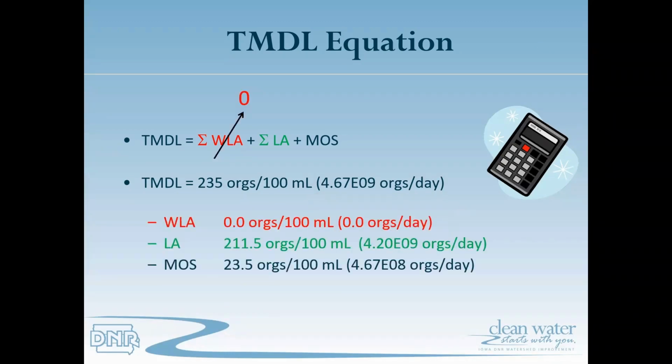Since we mentioned that there are no point sources in this beach shed area, our waste load allocation is 0. Our margin of safety is 10% of our target. And the difference between our target and our margin of safety is available for our load allocation or non-point sources.